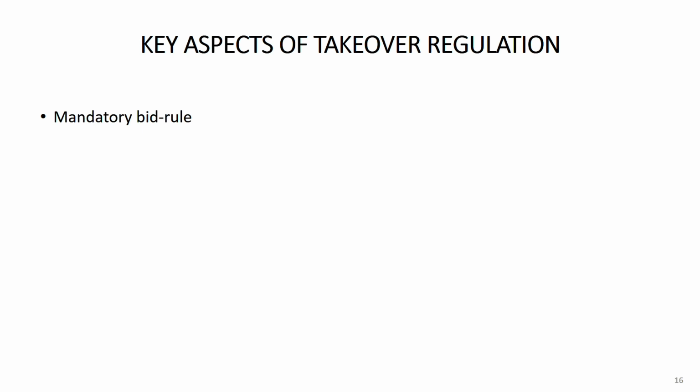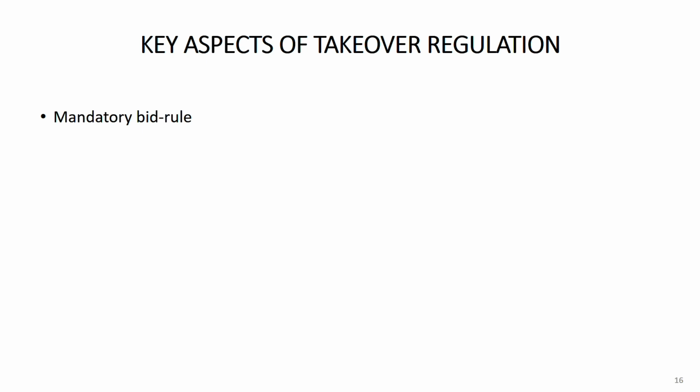But when I buy from you or you sell to me, that should be at a fair price. It cannot be too low. I cannot purchase from you at too low a price. It has to be at a fair price. So there's an opportunity for you to do that. Why is this rule there? Because this rule is there to protect the minority shareholders. Once I become an 80% shareholder, I might exploit my position.